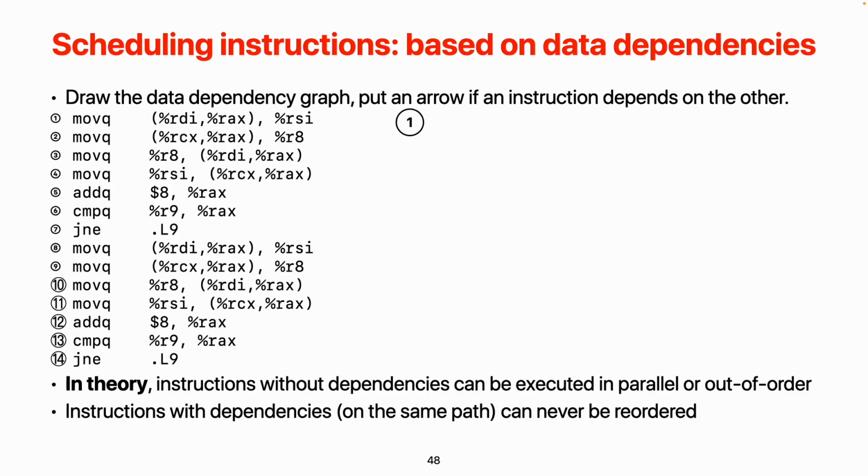For the second instruction, should it have any arrow with others? No, right? Because there's no data dependency. So let's also put it here. How about the third instruction? It depends on the second instruction. Okay, so let's put an arrow here, right?